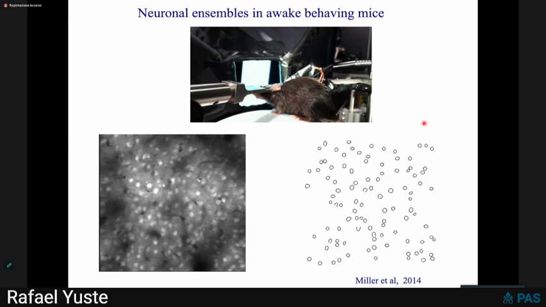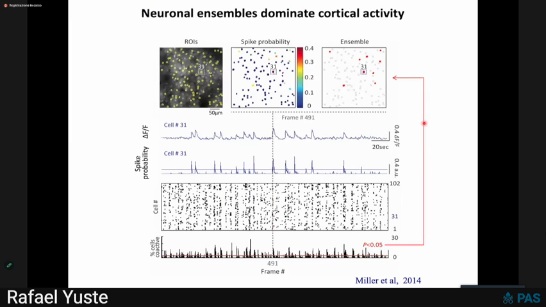The way we analyze these neuronal ensembles is, first, we use computer code to identify the position of every neuron, and for every neuron, we measure the fluorescent intensity as a function of time. Using a spike probability algorithm, we detect the probability that a particular neuron has fired at least an action potential in a particular frame versus time.